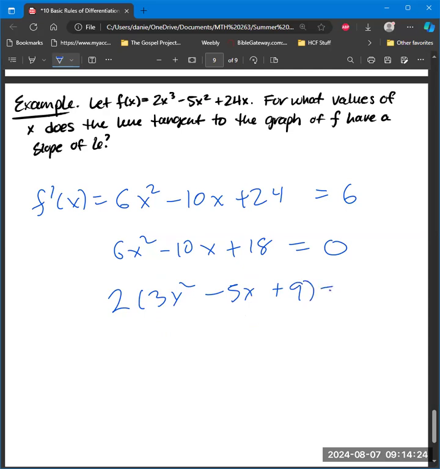That looks better to me. See if we can factor this. Not sure we can. If we can't, then we're going to use the quadratic formula. Signs are the same. They're both negative. Let's see. 1 and 9, no. 3 and 3, no. So it's time for the quadratic formula.